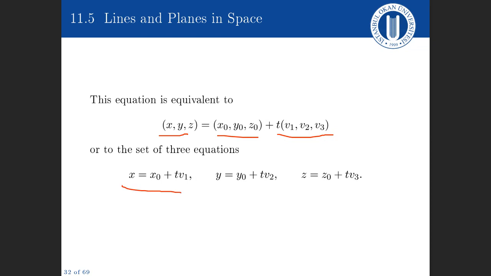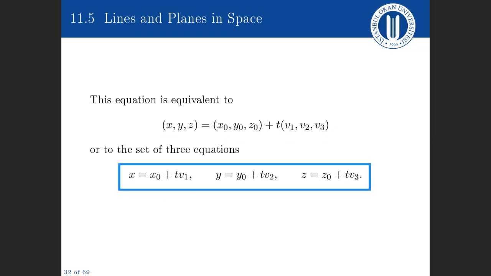Or we could split that up into three different equations. x is equal to x0 plus tv1, y is equal to y0 plus tv2, and z is equal to z0 plus tv3. And it's these equations which we're going to be using.